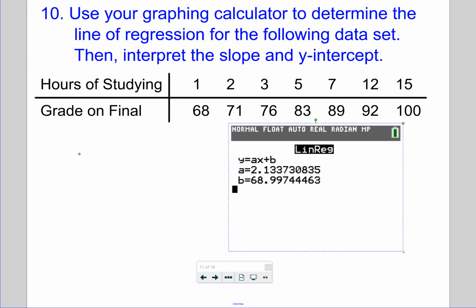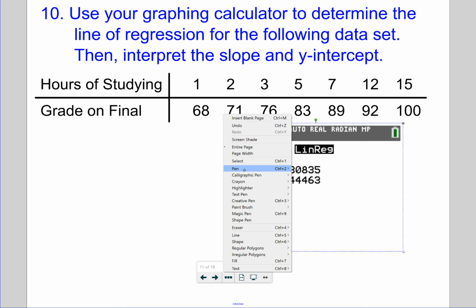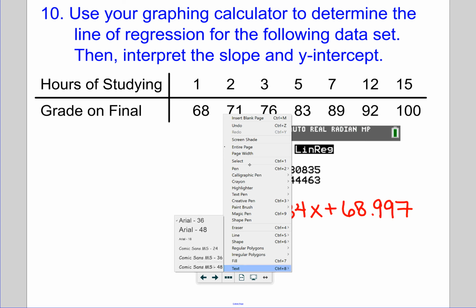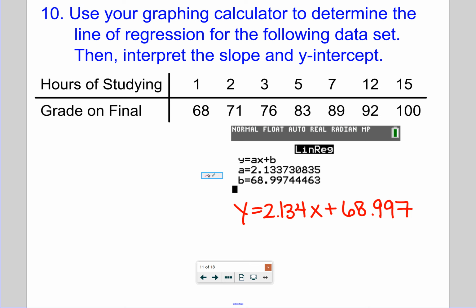Okay, so my equation for the line of regression is y equals, give it 3 decimal places if you're not told how to round, 2.134x plus 68.997.